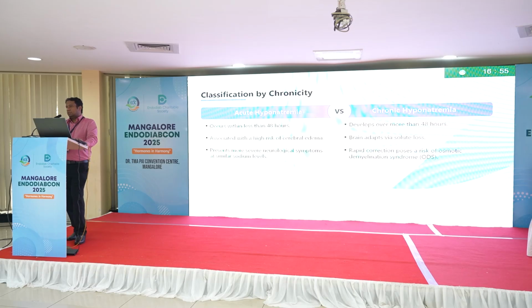Anything less than 48 hours is acute hyponatremia, anything more than 48 hours is chronic. The division matters most for treatment. In chronic hyponatremia you can be relaxed, go very slowly, and you do not have to correct aggressively. In acute hyponatremia you have to correct early so that you avoid complications.